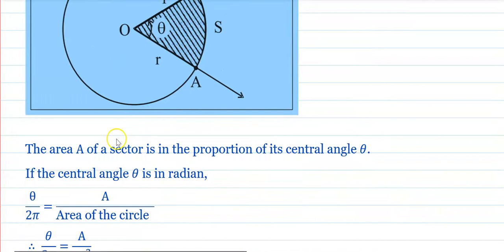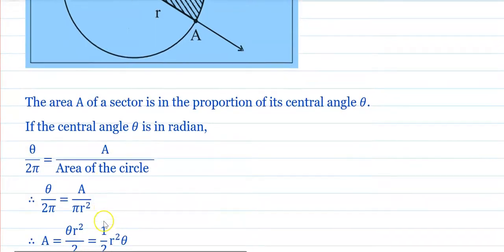Now see this first. The area capital A of a sector is proportional to its central angle theta. If the central angle theta is in radian, theta upon 2 pi is equal to capital A upon area of the circle.